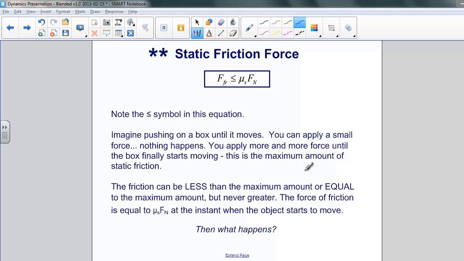That's the maximum amount of static friction. That is what the coefficient of static friction times the normal force represents. So friction can be less than the maximum amount or equal to the maximum amount, but never greater. The force of friction is equal to the coefficient of static friction times the normal force at the instant it starts to move. But then what happens?